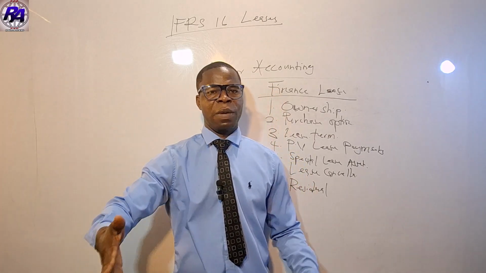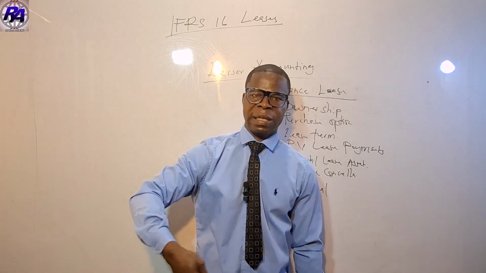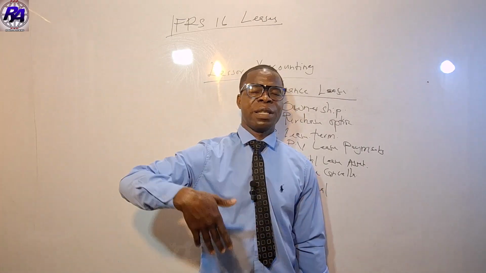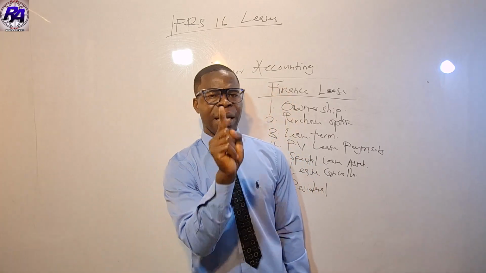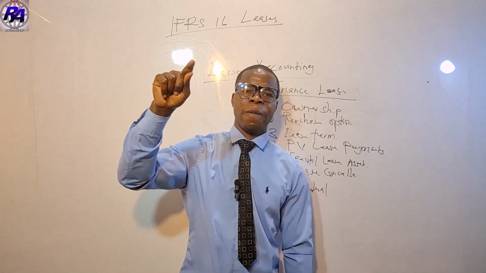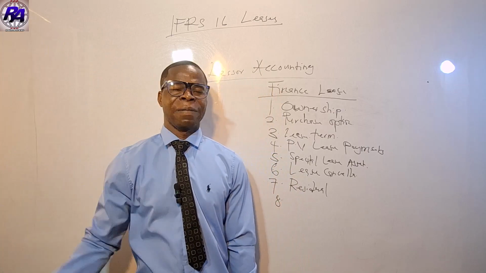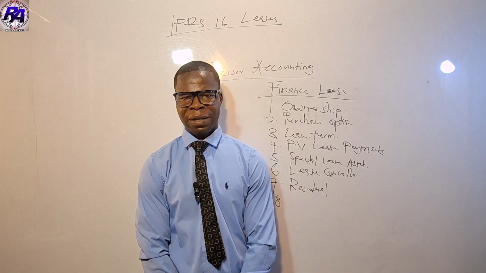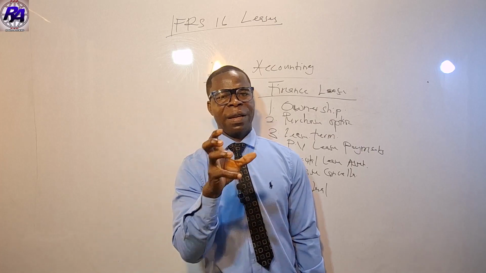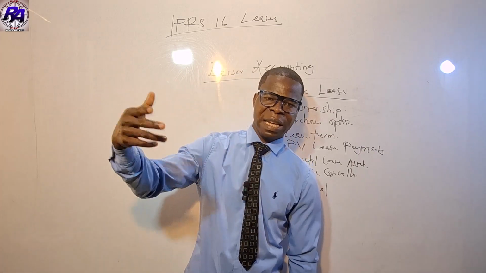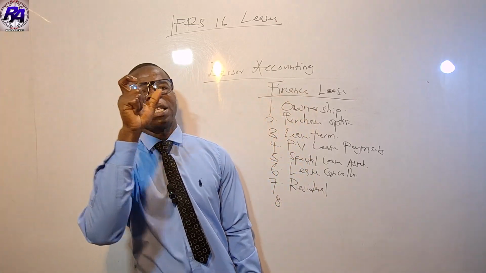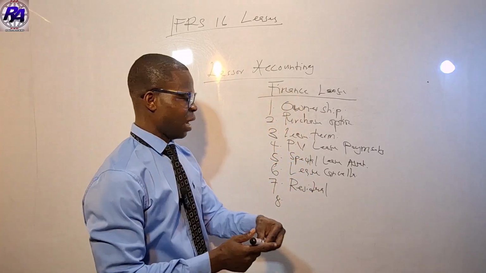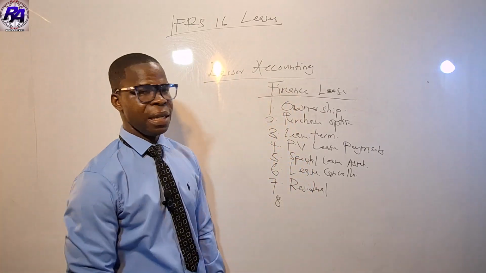So for a second time, maybe the first term has ended, but the lessee has the right to lease the asset again for a secondary period at a rent that is substantively lower than the market rent. That happens, we say the lease is a finance lease. When the lessee has the ability to lease the asset for a secondary period, but at a rent that is substantively lower than the market rent, we are saying that the lease is a finance lease.